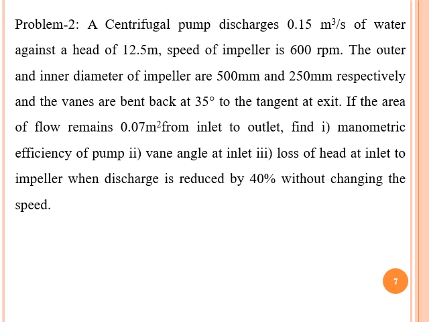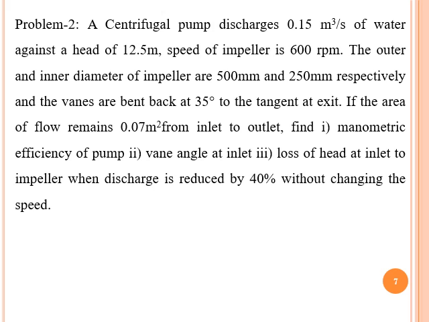And third is the loss of head at inlet of the impeller when the discharge is reduced by 40%. So what is the loss of head that occurs at the inlet of the impeller when the discharge is reduced by 40% from the initial condition without changing the speed? The speed remains constant, N = 600 rpm, but the discharge is reduced by 40% from the initial condition.